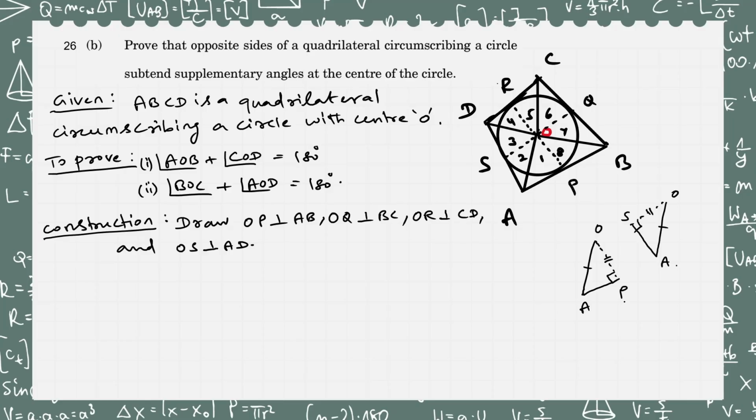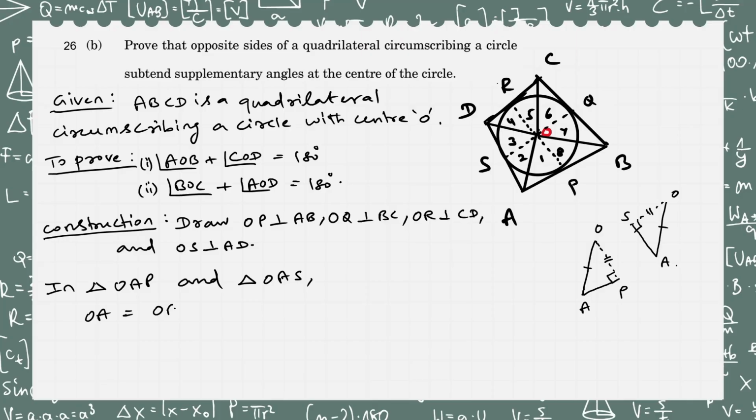So this is RHS congruence criteria, right? So the right angle and the hypotenuse and one side of two right triangles are equal to each other. So this is RHS congruence criteria. Now let us write everything in triangle OAP and triangle OAS.